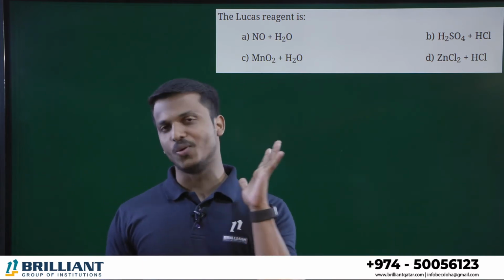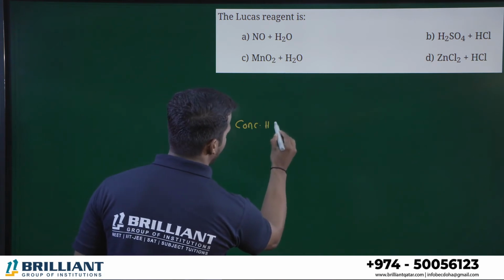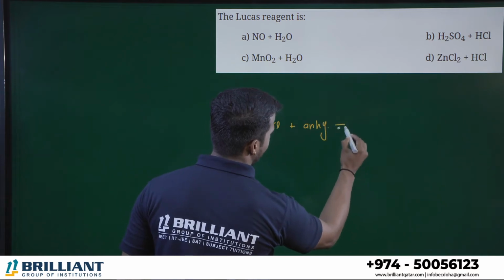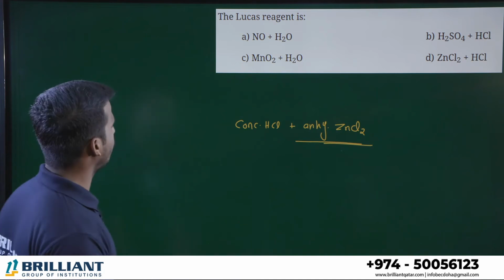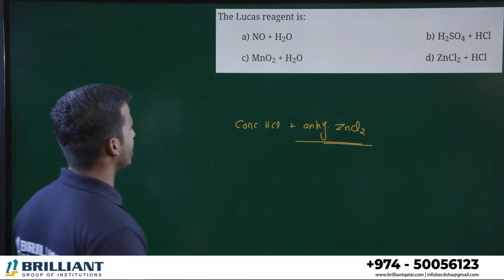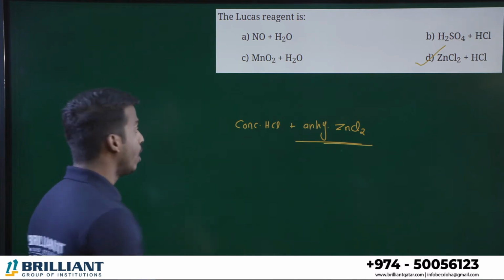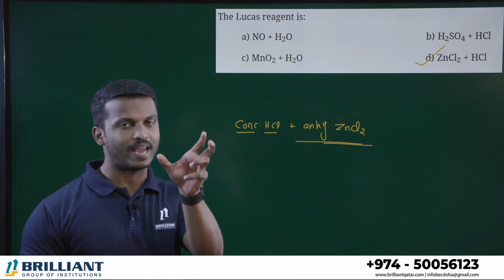Chemically, the Lucas reagent is concentrated hydrochloric acid with anhydrous zinc chloride. The option is HCl and zinc chloride, that is option D. Keep in mind, concentrated HCl and anhydrous zinc chloride is the exact answer.